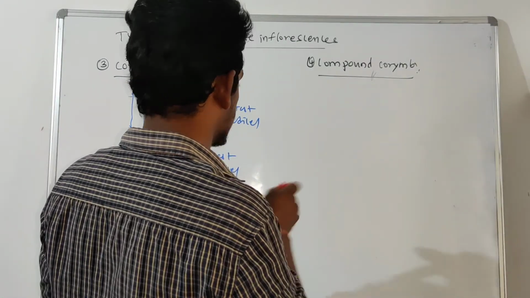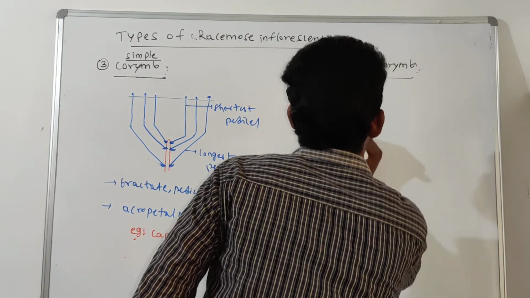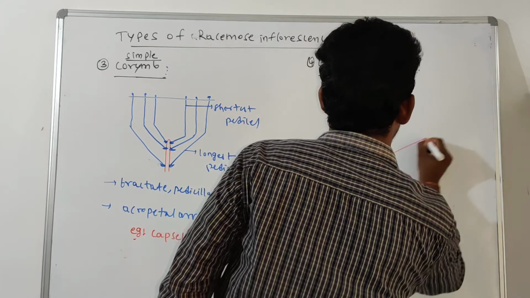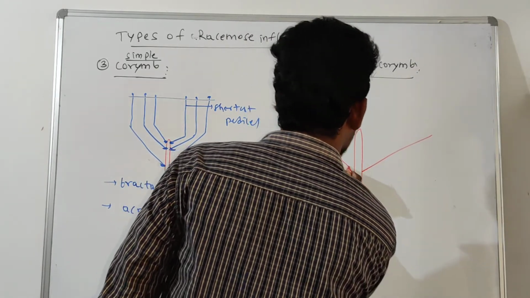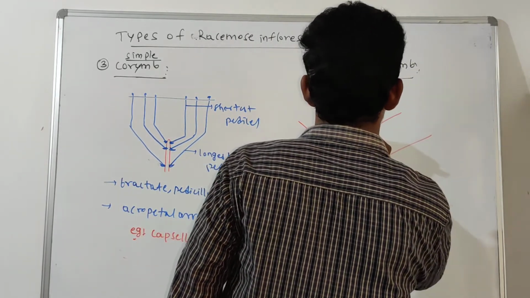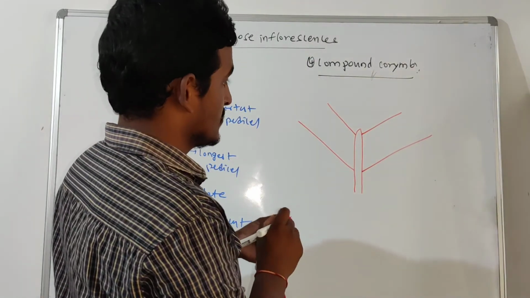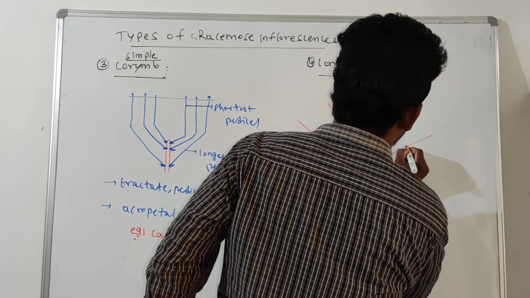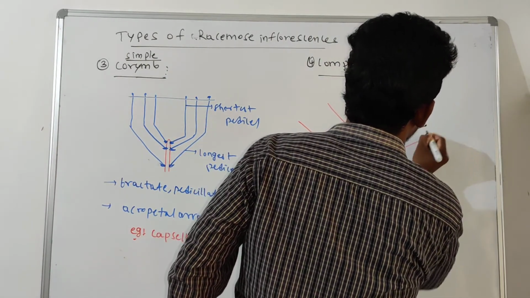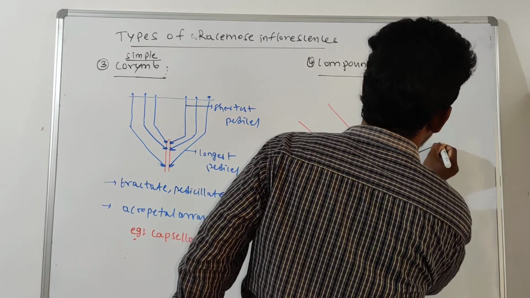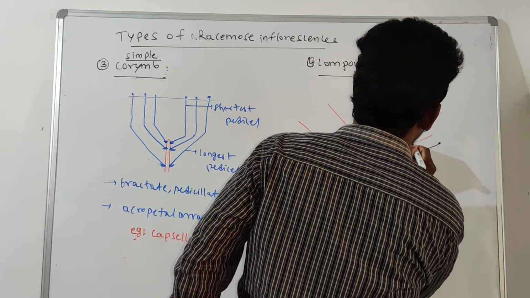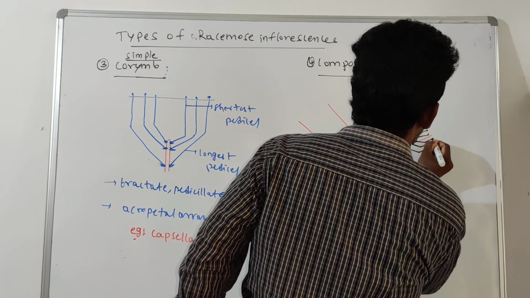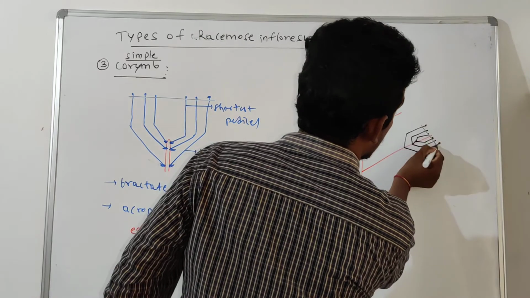So see, it is a peduncle and it produces branches, right? In these branches the flowers originate at different positions, but ultimately they reach the same height, right?